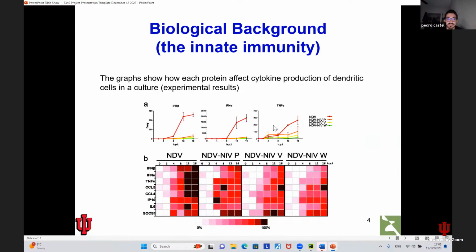So in their paper, they developed a dummy virus. They took NDV, which is Newcastle disease virus, and they took off the V protein's encoding.